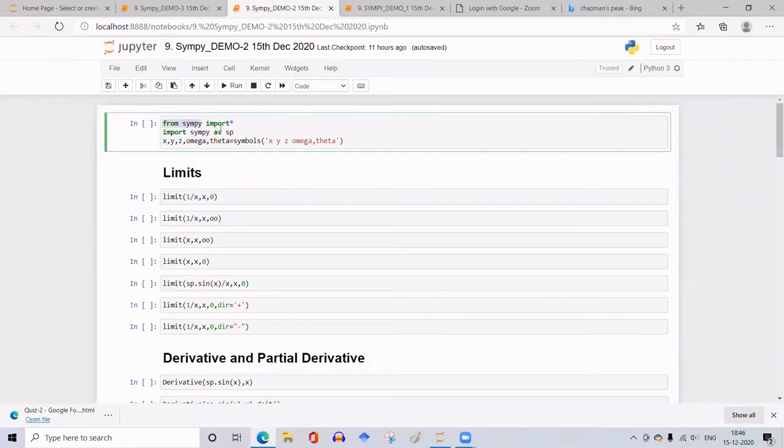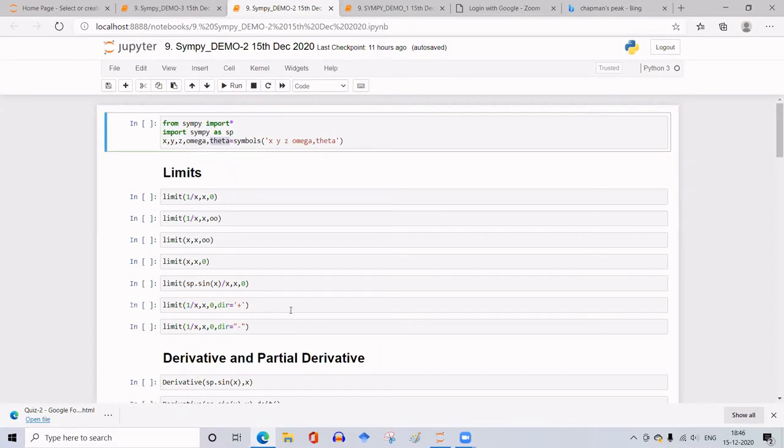So in addition to these two lines, which I used in the previous notebook page, that is from SymPy import star to import all functions, then import SymPy as SP, I'm also defining certain variables x, y, z, and omega. Omega is 2 pi f, which we use in trigonometric functions, and then theta, which is again a symbol used in trigonometric functions.